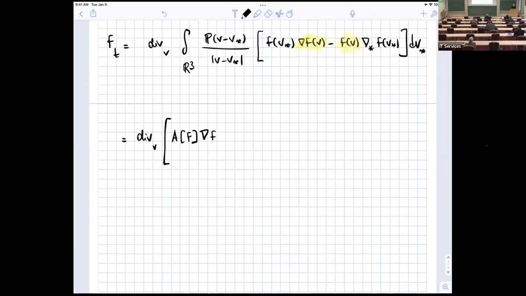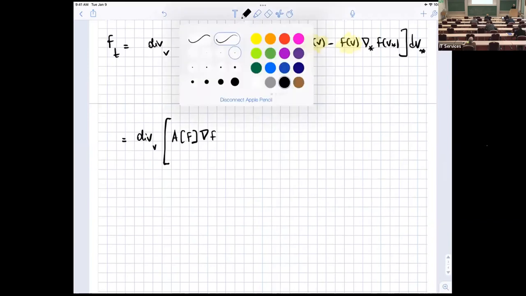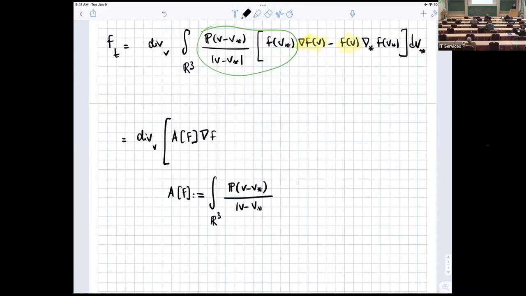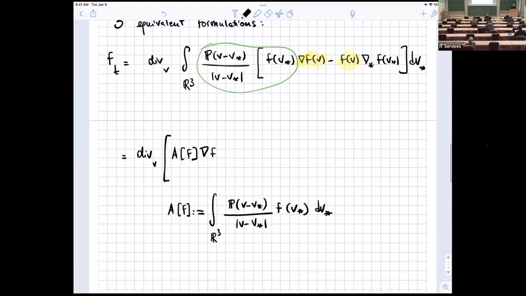It will be what remains here: this matrix, this kernel, and the f. So A of f is exactly the integral in R3 of P over the kernel times f dv star. And in the second term, I do the same.